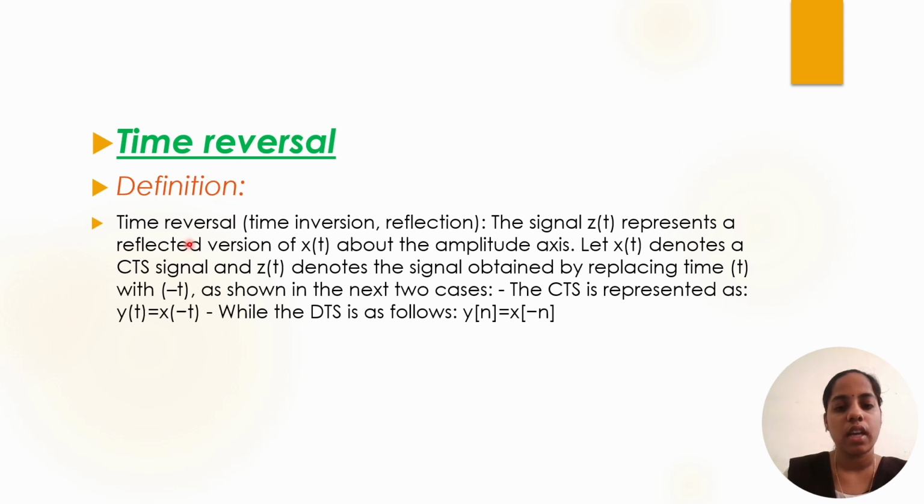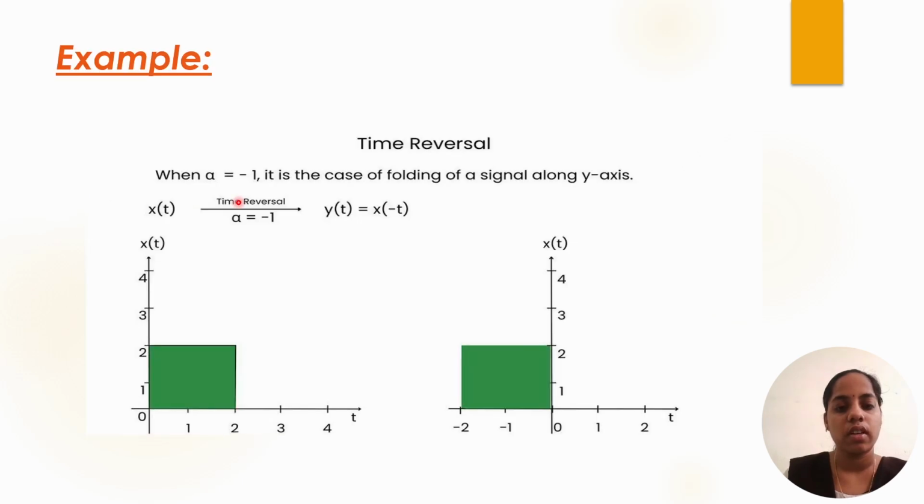We have to see time reversal. The time reversal represents a reflected x of t, denoted as y of t equal to x of minus t. This is for continuous. Y of n equal to x of minus n. This is for discrete. Next we have to see the definition of time reversal. This is the time reversal.